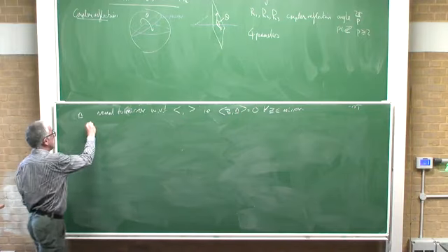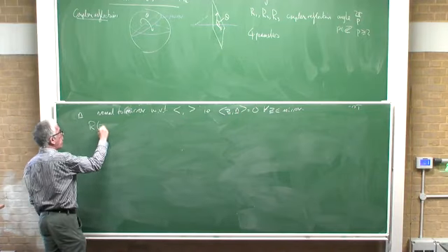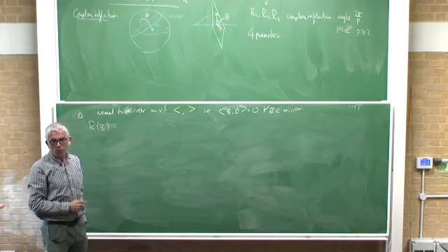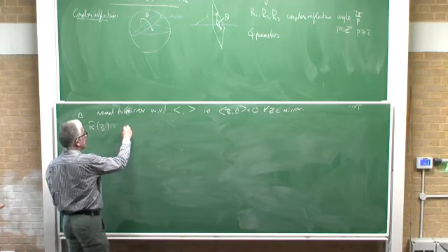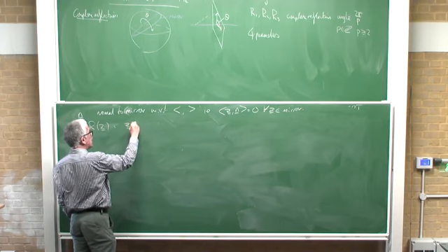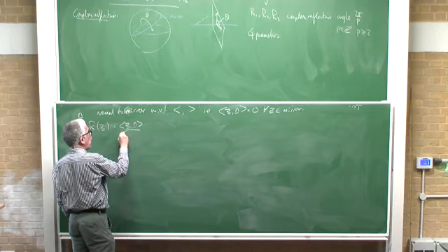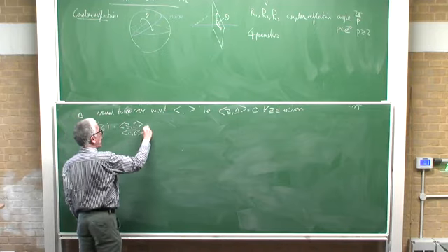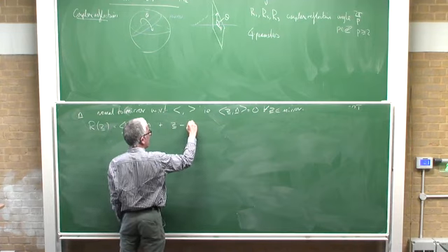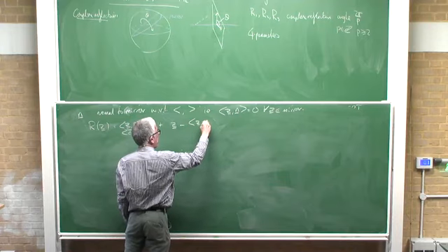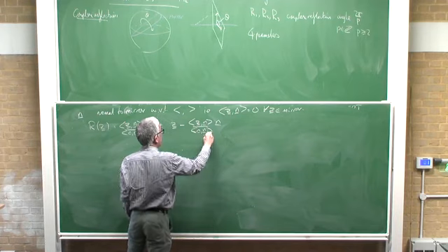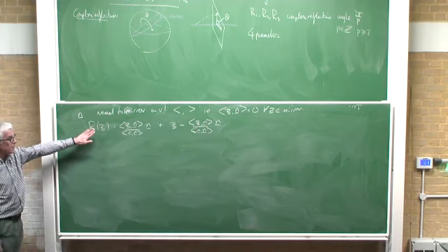Then my reflection would be, well, how do I normally do this? I take something in the normal direction, so that would be... so that just gives me the identity.